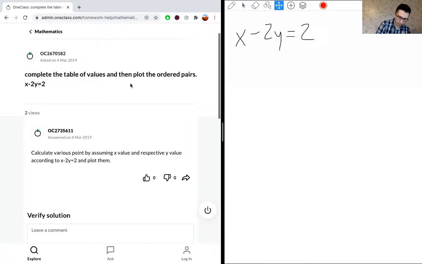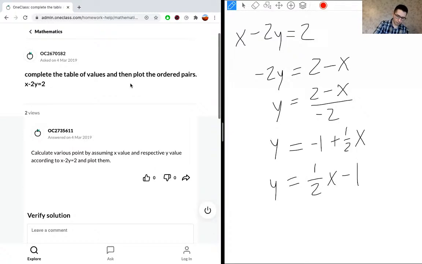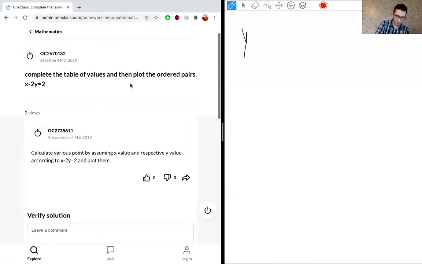We have negative 2y is equal to 2 minus x, and we divide negative 2 on both sides, so we get 2 minus x over negative 2. Then 2 divided by negative 2 is just negative 1, and negative x divided by negative 2 is positive a half x. So we have y equals 1/2 x minus 1. We'll clear the page and write this again: y equals 1/2 x minus 1.